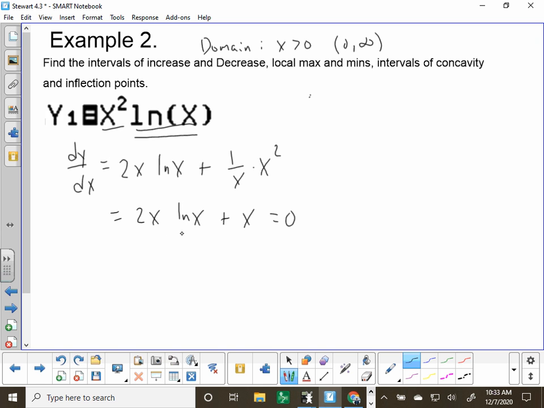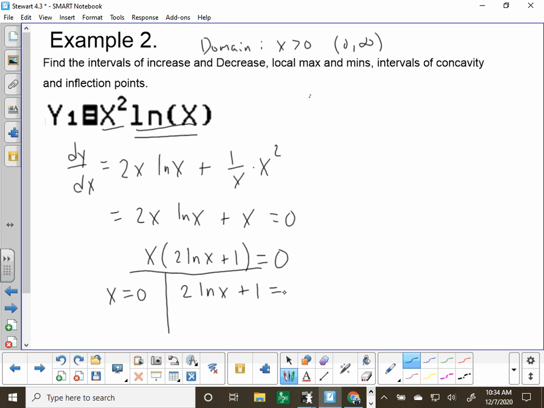We're going to solve this by factoring, so I'm going to take out the x, leaving 2 natural log of x plus 1 is equal to 0. Zero product property. So we get x is equal to 0, and we get 2 natural log of x plus 1 is equal to 0.